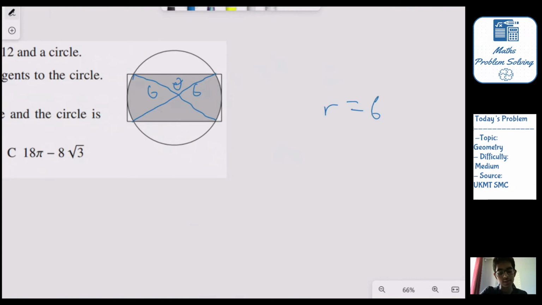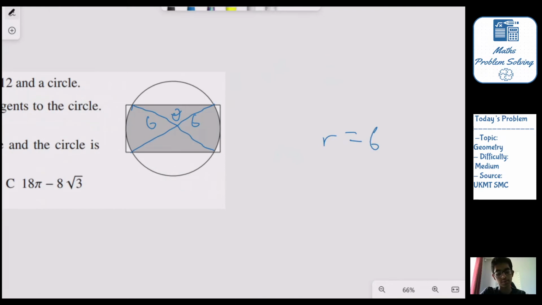Therefore, the area of this triangle would just be 6 times sine theta times 6 times a half. That's the area of a triangle. And the area of the sector would be 180 minus theta, times pi times 6 squared, divided by 360 degrees.